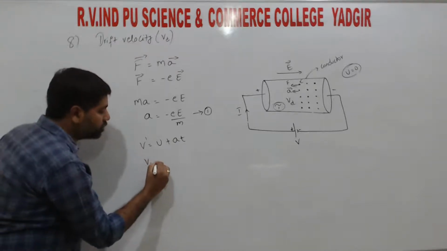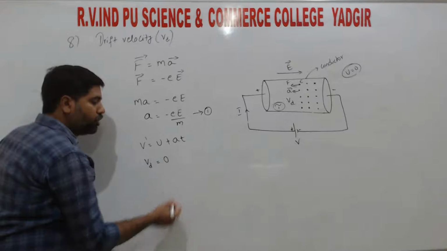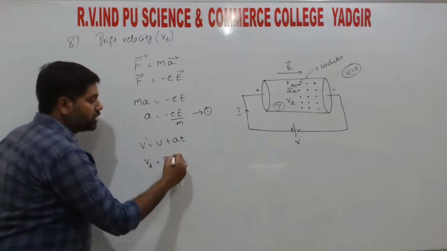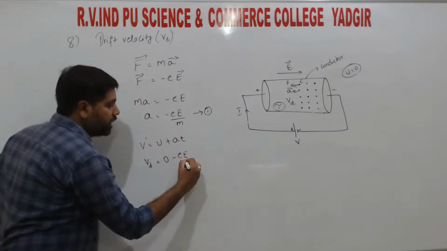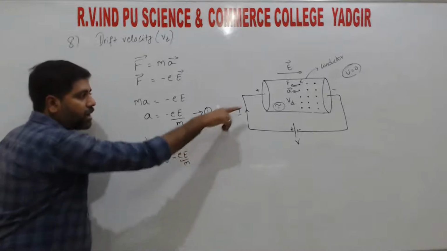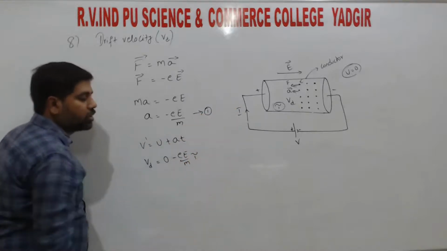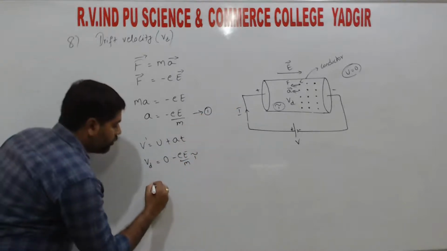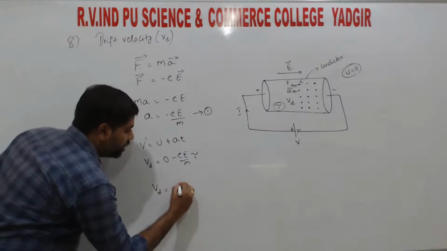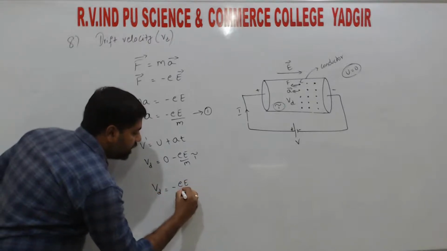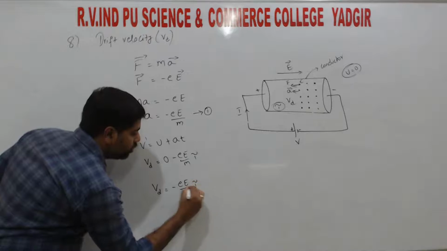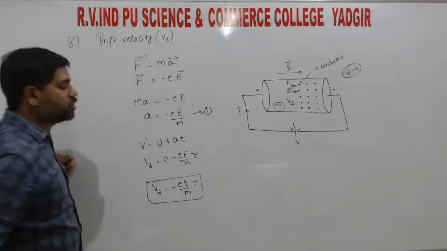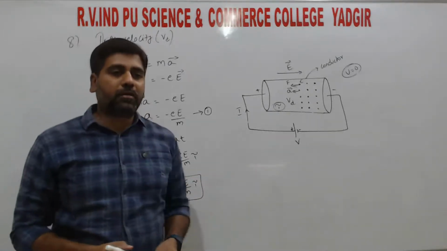So V is equals to Vd, and U is equals to 0. The acceleration A is equals to minus eE divided by m, and the time is the relaxation time tau. So the drift velocity Vd is equals to minus eE by m into tau.